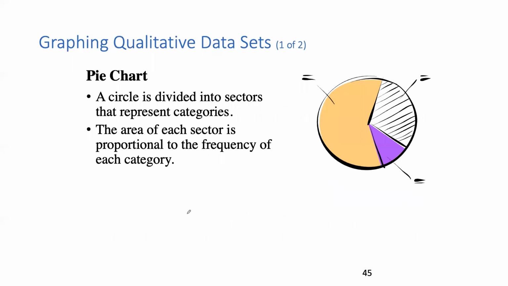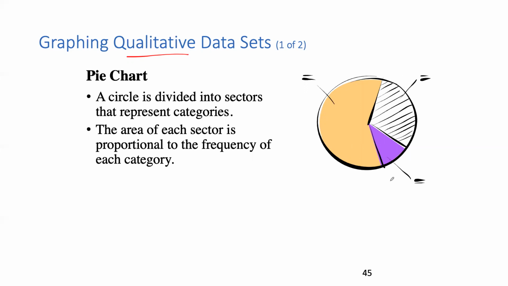The third chart that we want to talk about is a pie chart, especially when we're dealing with qualitative data sets, where one of the columns is just a label. How do we graph these things, right? Okay. So with the pie chart, the idea is very straightforward.